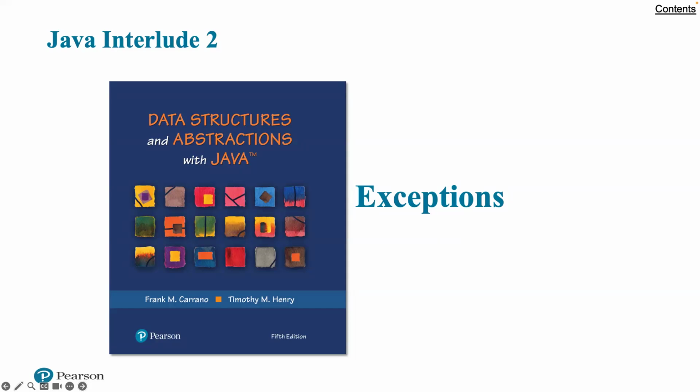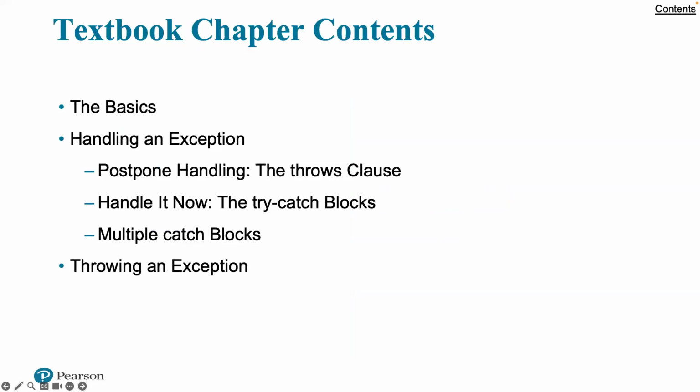On the other hand, a programmer can intentionally cause an exception to occur during certain conditions. This is where we ask, do we want it to just fail, or do we want to be able to handle that type of condition? So this is where we get into handling an exception. We can either postpone handling it, so we can throw it to something.